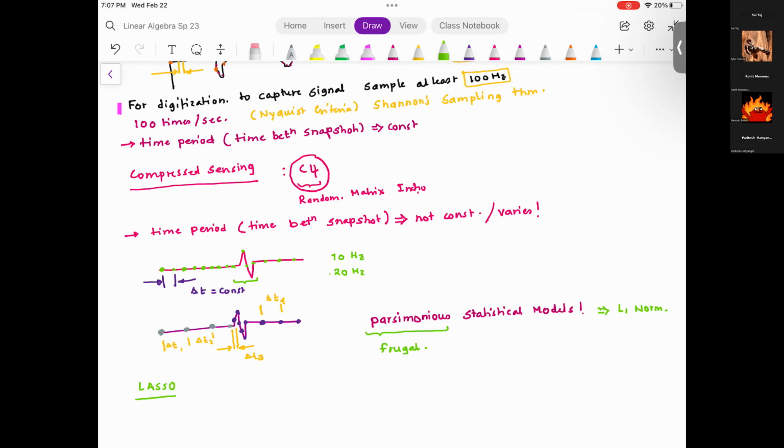And this has a lot of significance in signal processing, statistical machine learning, and data analysis.